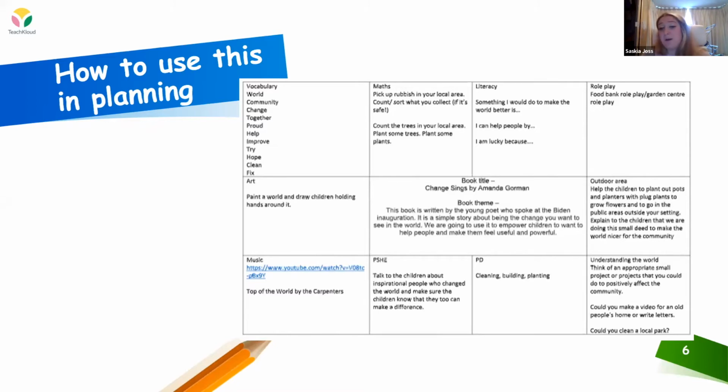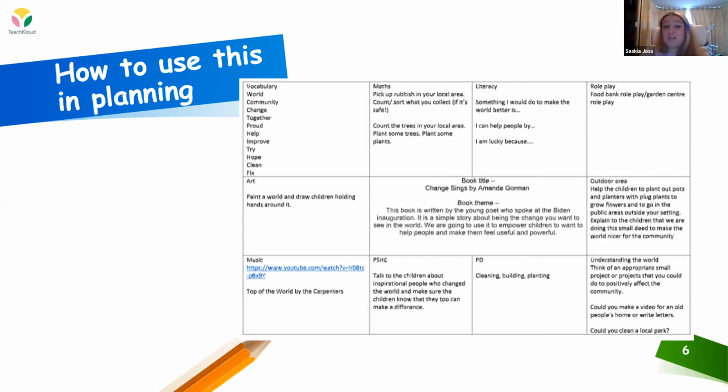So in this situation, we're using a very lovely, songful, tuneful book to inspire children to feel empowered. And we're using it also to do very practical activities. We're trying to teach also independence, cleaning, building, painting, planting, giving these children many, many skills in 1 week that they might then use for the rest of the year.